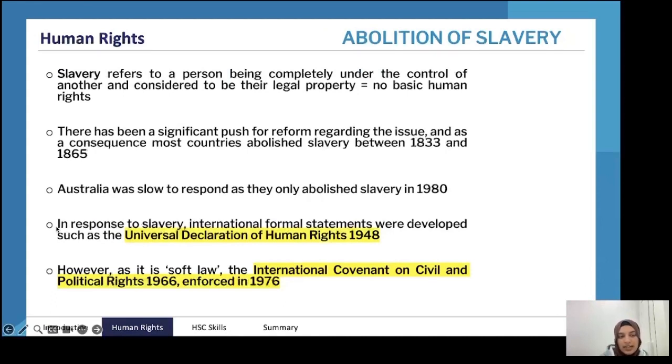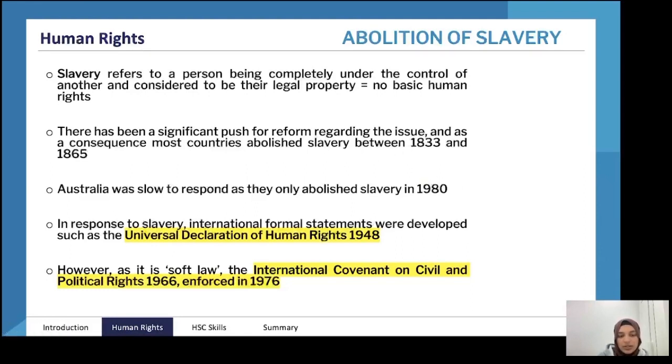So there has been a significant push for reform regarding the issue, and as a consequence, most countries abolished slavery between 1833 and 1865, right? So essentially it's not as common as it was, but in saying that, there are definitely still issues with regards to this. Australia was slow to respond, as they only abolished slavery in 1980. So a very big jump from the dates here to 1980.